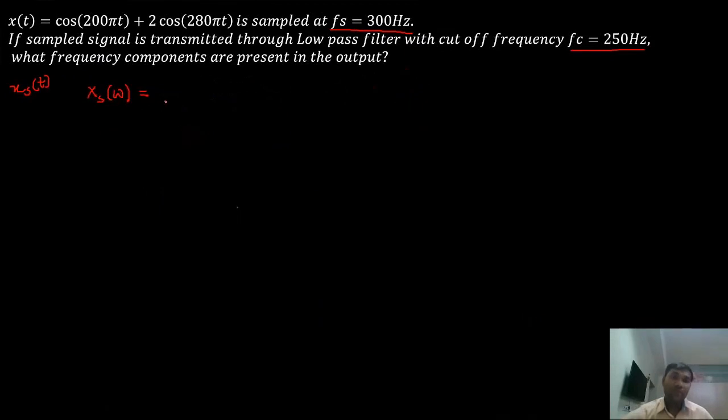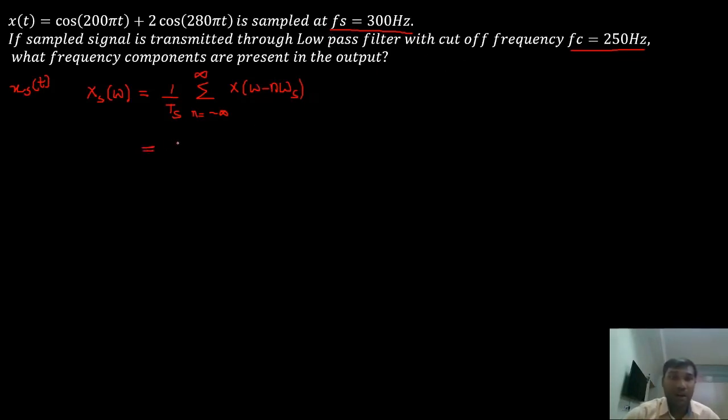Xs of omega is equal to 1 by Ts summation n equals minus infinity to plus infinity X of omega minus n omega s. I can write it in terms of f also.